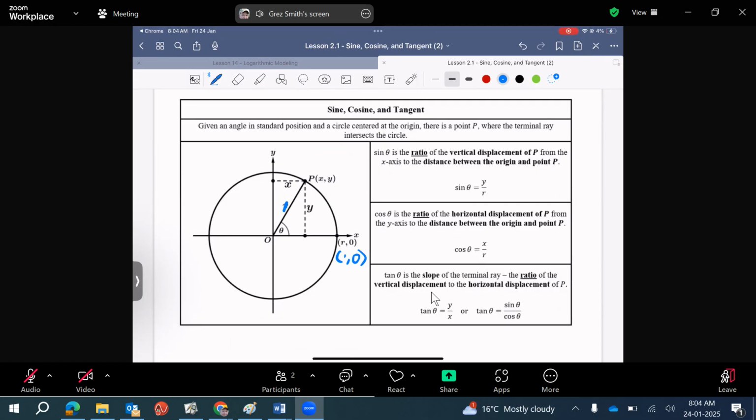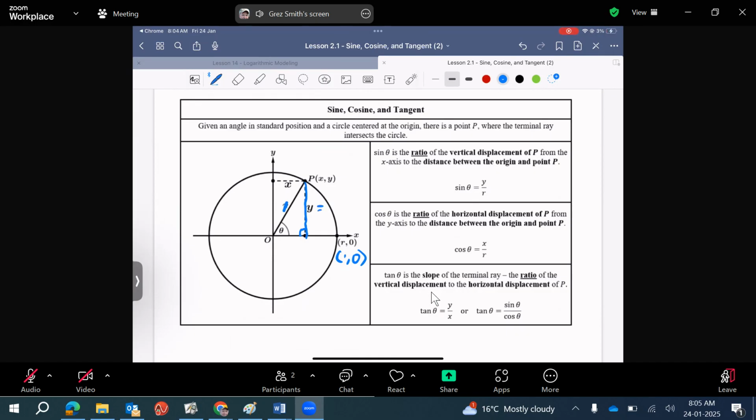So what we end up with now, in order to find this sort of a length here, is a right angle triangle here. That's a right angle. And this side here is the opposite. So the sine of this angle is going to be the opposite over the hypotenuse. So y over 1, so it's just y.